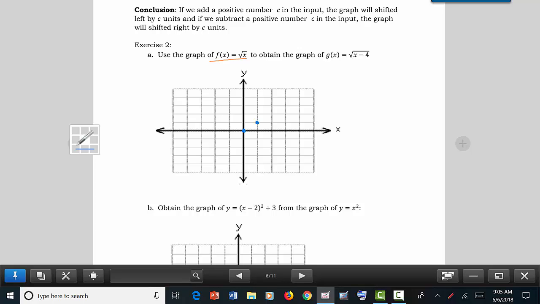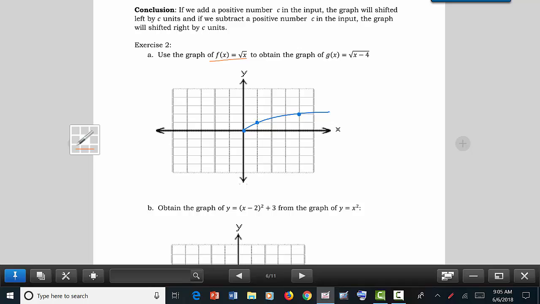So I jump to 4, and square root of 4 is 2. And you guys already know, square root of a negative number will not make sense. That is the reason I don't want to go left of the origin. So if we join those points, that will be the approximate graph of f of x.